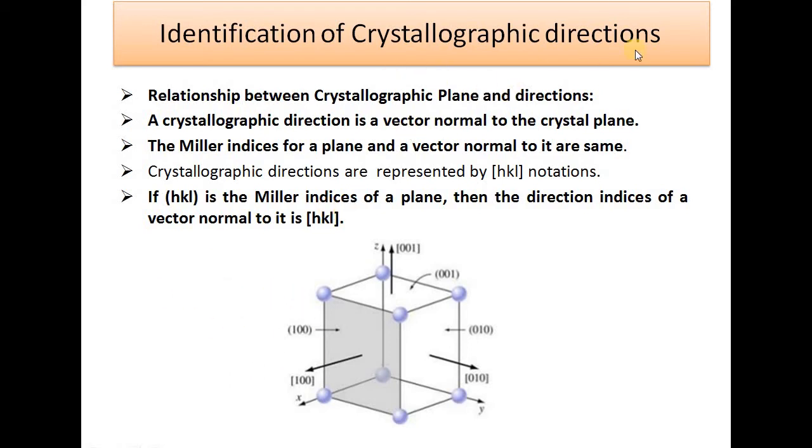So crystallographic directions are the vectors normal to a crystal plane, and they are represented by the notation in which the Miller indices are enclosed by square brackets. So the Miller indices of a plane and a direction normal to it will be the same. Similarly, in case of these planes also we have crystallographic directions perpendicular to them.